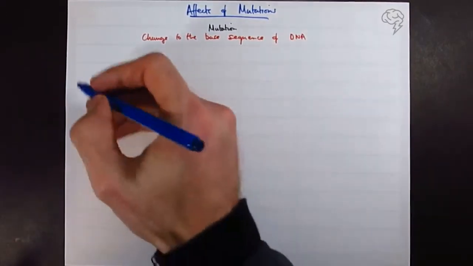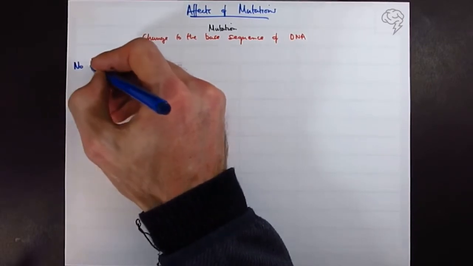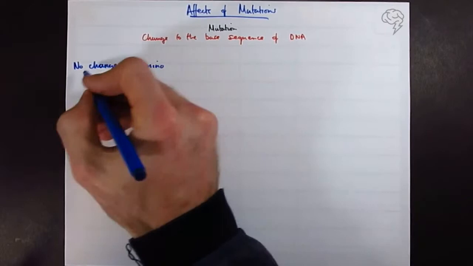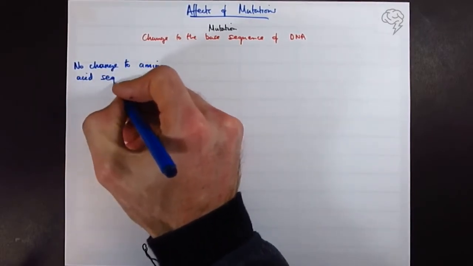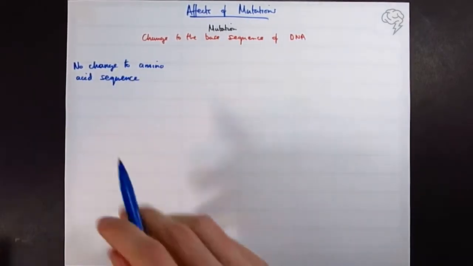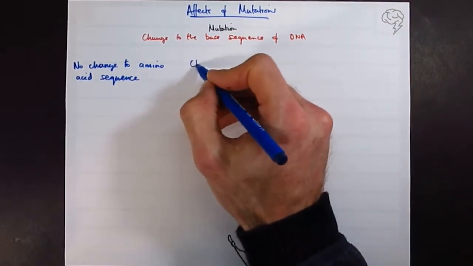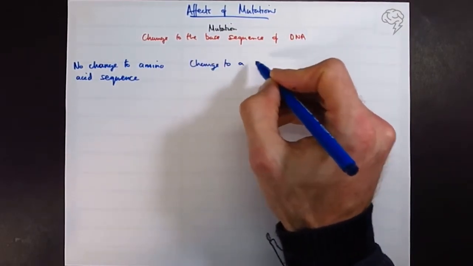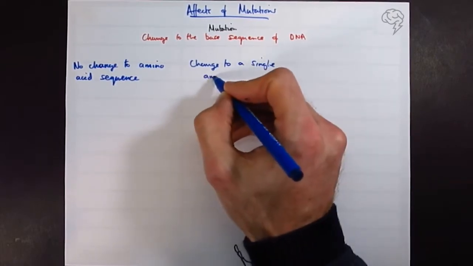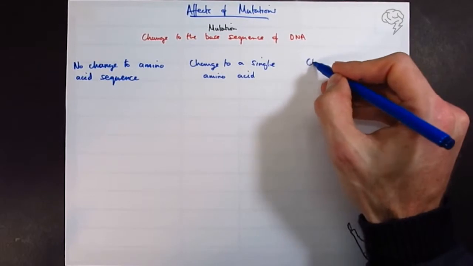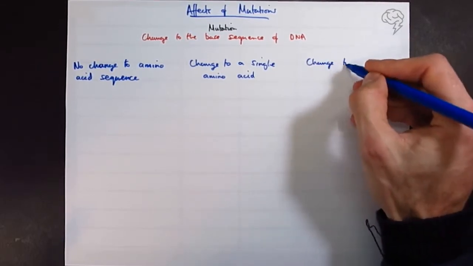Okay, so this mutation can have a few different results. First of all, the simplest result could be that there's no change to the amino acids. There could be a change to a single amino acid. And there could be a change to many amino acids.